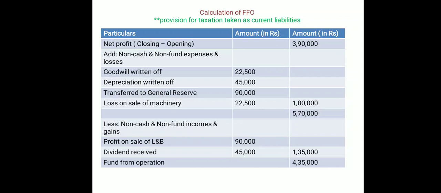So those 2 items here, 90 plus 45. So total outer column 1,35,000. Finally, 5,70,000 minus 1,35,000, we are going to get the fund from operation 4,35,000. Okay, so this is the amount of our fund from operation.